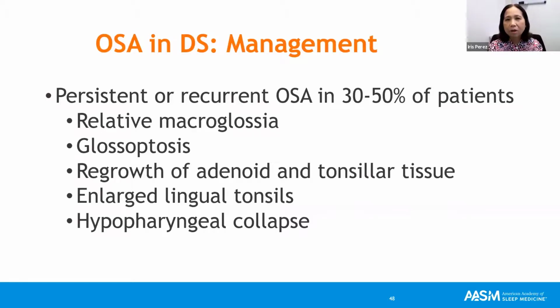However, after adenotonsillectomy, there's a group of patients, up to 50%, who will have persistent or recurrent OSA. This can be due to other areas of airway obstruction, like macroglossia, glossoptosis, regrowth of adenoids and tonsils, presence of lingual tonsils, and hypopharyngeal collapse.